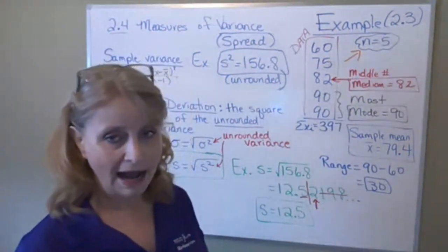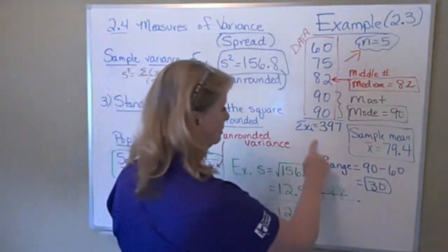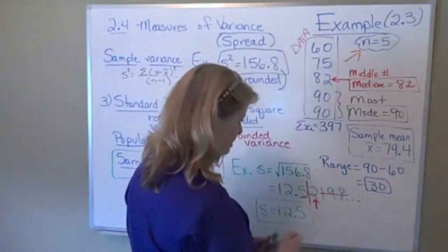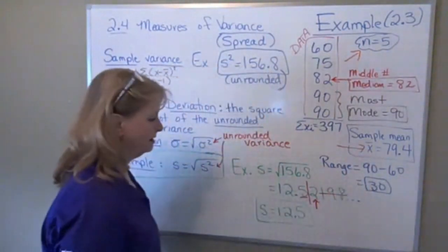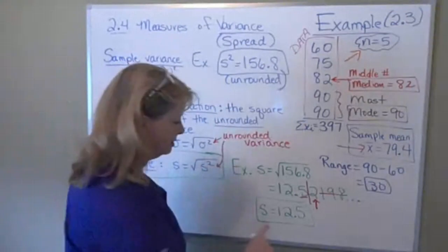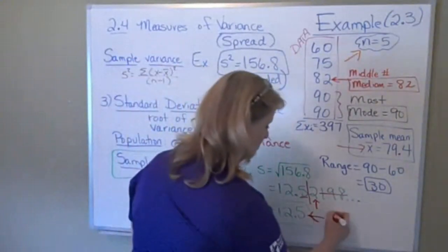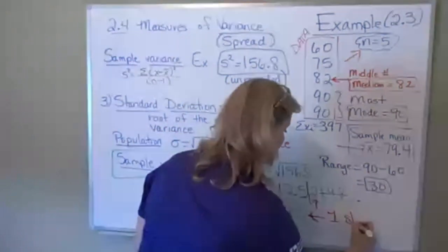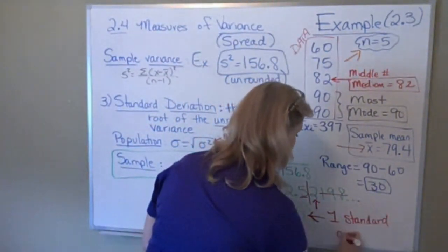Now, the reason why I'm saying this is because, and I'm leaving up the mean that we found here. Remember, the mean was 79.4. One standard deviation is 12.5. So I'm going to call that one standard deviation.